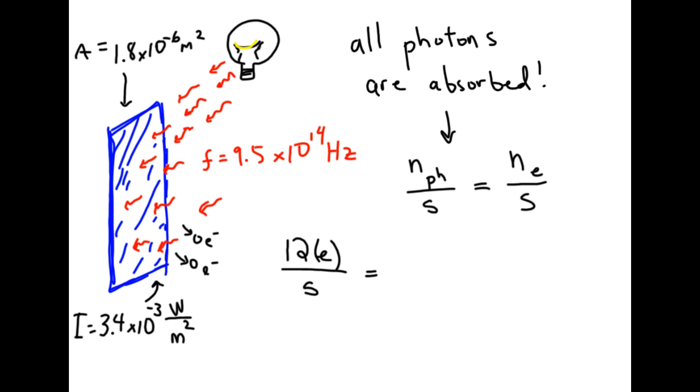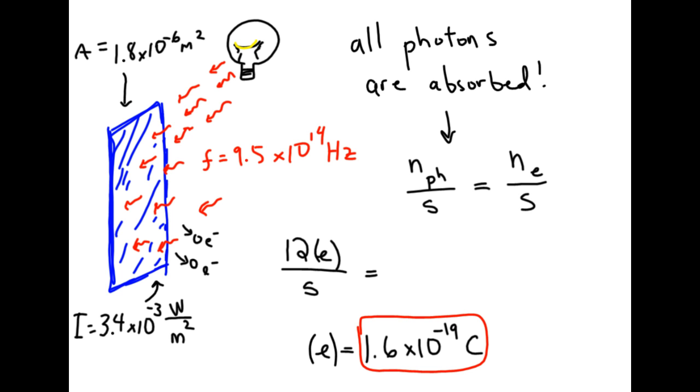So I can take this e, and I can use the fact that one elementary charge is this many coulombs. I can just replace the e with 1.6 e negative 19, because those two things are equal, they are replaceable.